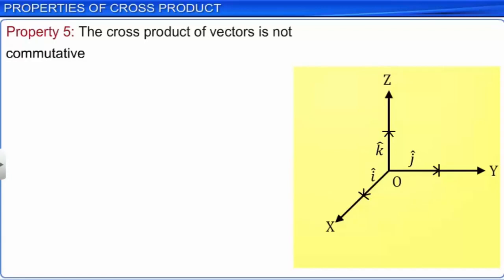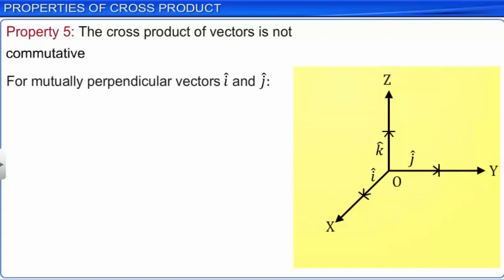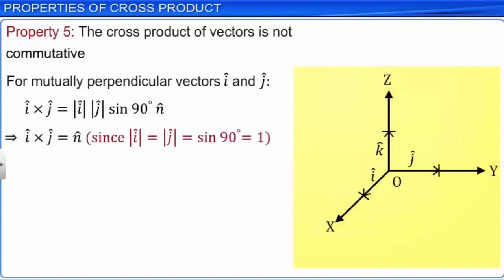From the property of cross product of perpendicular vectors, we get that the cross product of unit vectors i and j is equal to unit vector n that is perpendicular to both vectors i and j. Since unit vector k is also perpendicular to vectors i and j, we can say that the cross product of unit vectors i and j is equal to unit vector k.